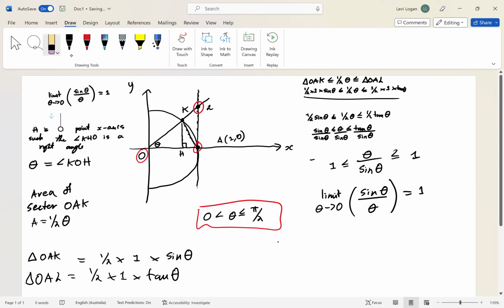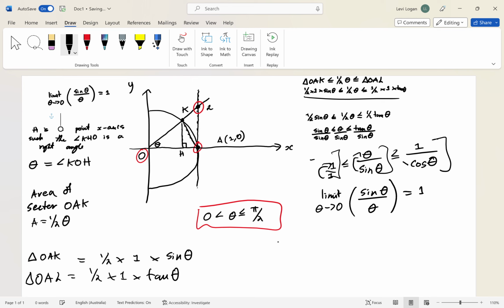Actually, let me just flip this again. I can do it a better way to make it look like how we've got it. We can flip the reciprocals of all this stuff here, so we can flip them all over. So we can rewrite this as 1 over 1, that stays the same, over sine theta over theta is less than or equal to cos theta over 1.